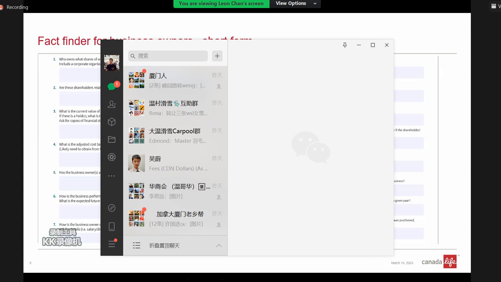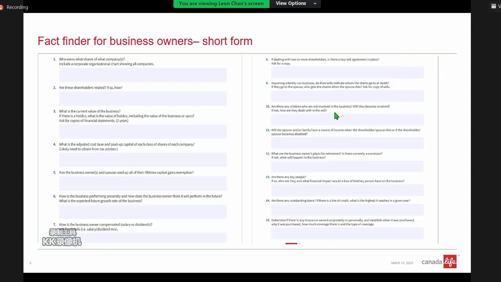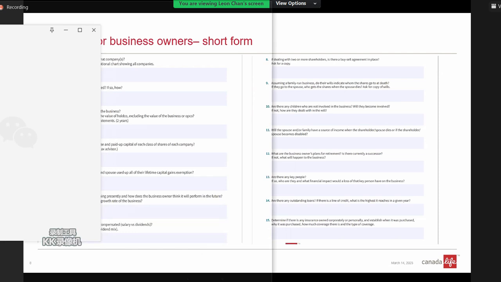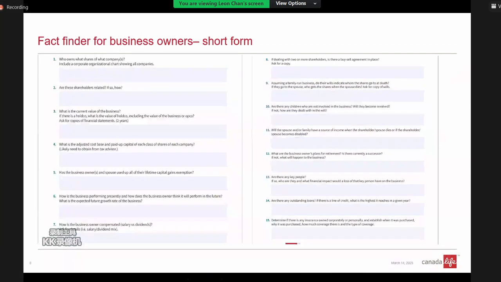If not, what will happen to that business? Another consideration is outstanding loans. Upon the death of an individual, are there loans they may want to cover so that they can understand these loans are taken care of, and the surviving spouse or the children won't have to worry about them?